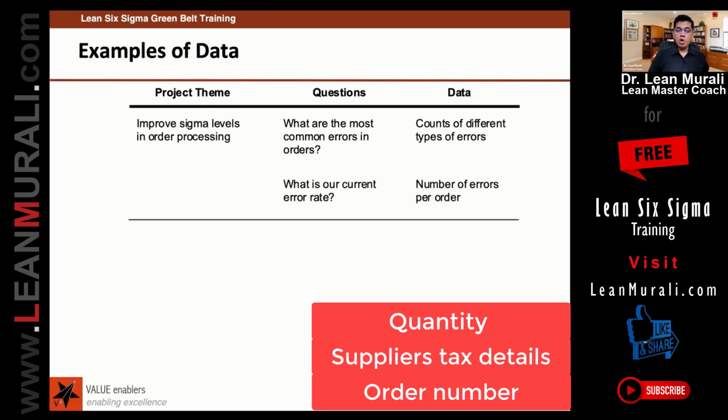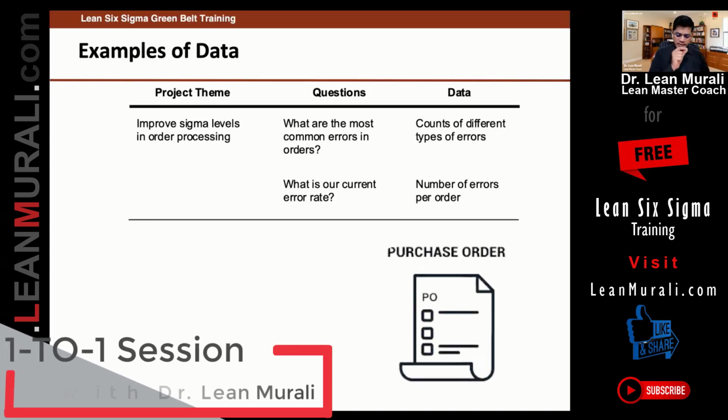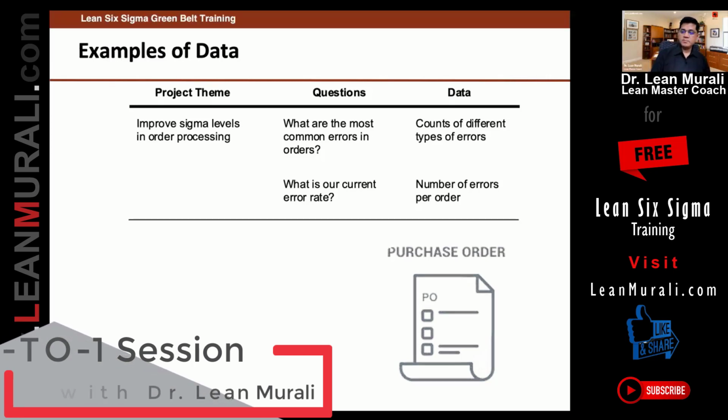So how many purchase orders with rates wrong? How many with taxation details like GST wrong? How many where the purchase order number itself is wrong? Product type is wrong, anything, right? And the number of errors per order. Suppose I pick up 1 purchase order, in that order, have I made 3 mistakes or 5 mistakes or 10 mistakes in the order?